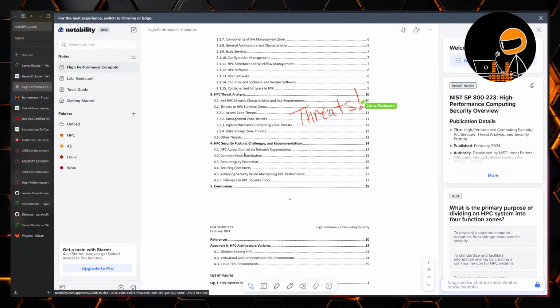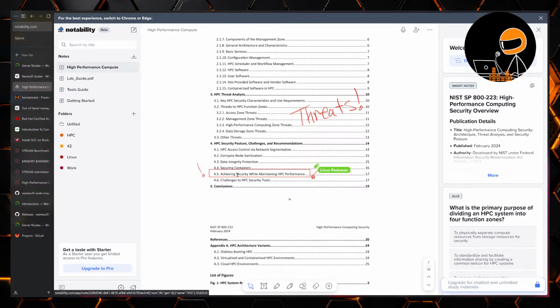Okay, and then we got HPC posture challenges and recommendations: access control via network segmentation, compute node sanitation, data integrity section, securing containers, achieving security while maintaining HPC performance. That sounds like a good section to pay attention to.